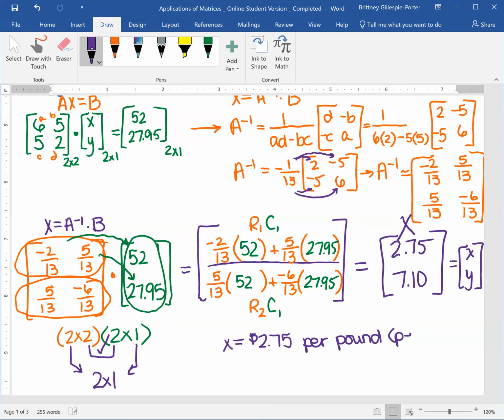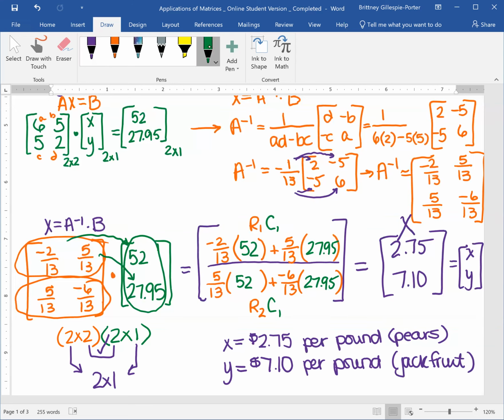And that was, again, for pears. And Y is $7.10. You need to have the 0 because money goes to 2 decimal places and we don't write 7.1 if we mean $7.10. And that was per pound for our jackfruit.